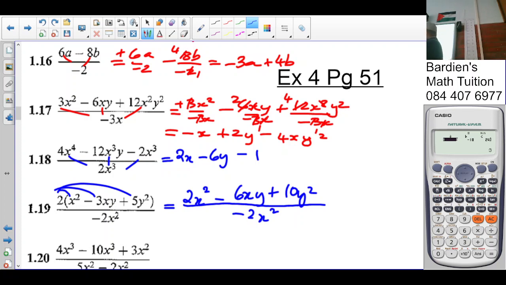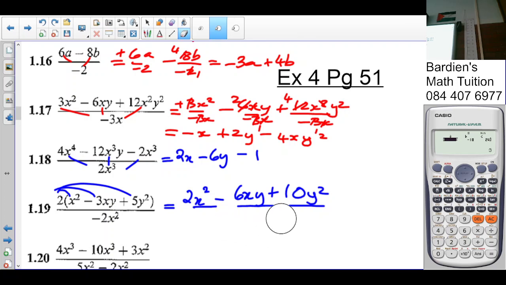So what do I do now? You put each one over its own denominator, not so? Separated there over negative 2x.